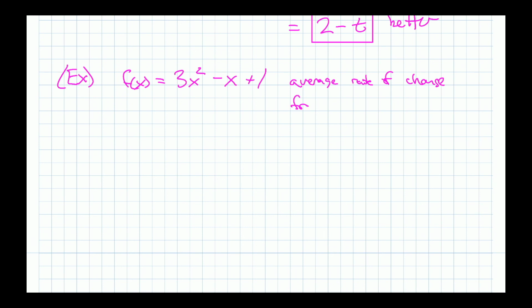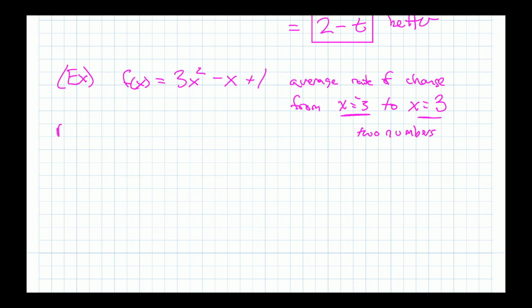from x equals -3 to x equals +3. All right, so this one's nice because we actually have two numbers this time, right? Two numbers means we don't have any factoring or anything to do here.